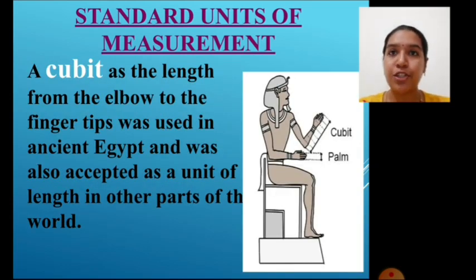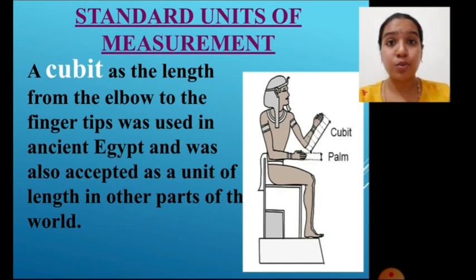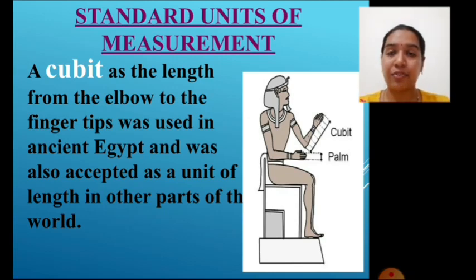Some ancient units of measurement are, first, the cubit, which was used by Egyptians during the ancient times, and a cubit is the length from the elbow to the fingertips.